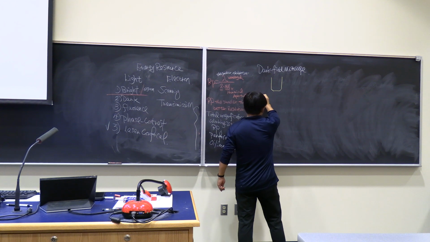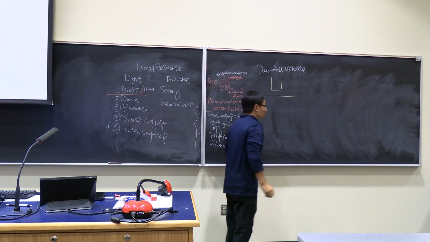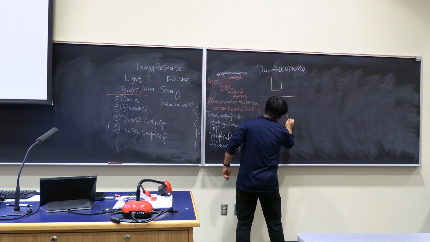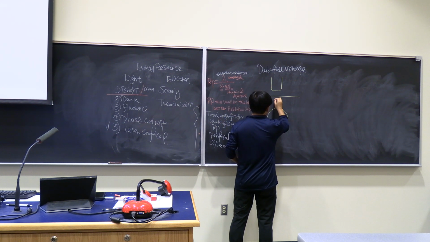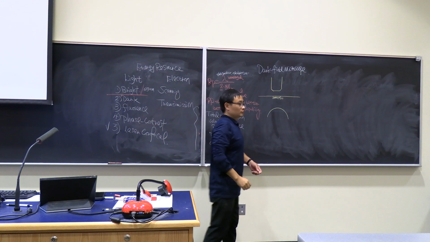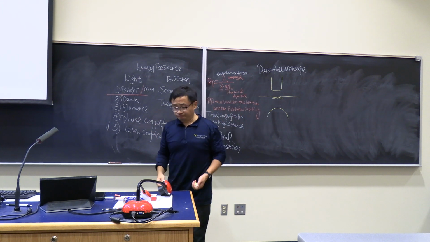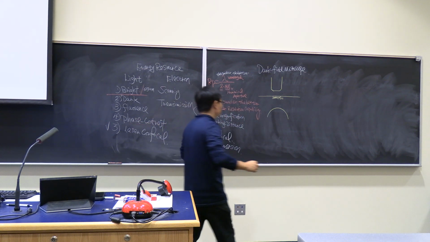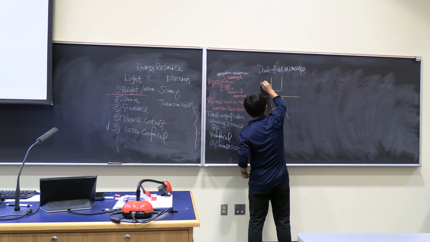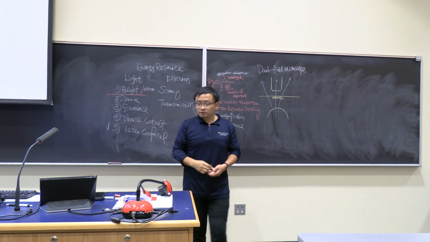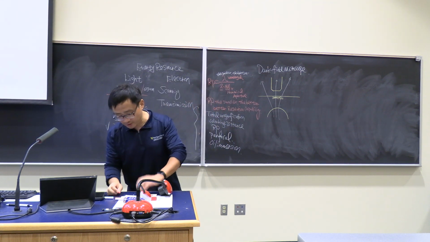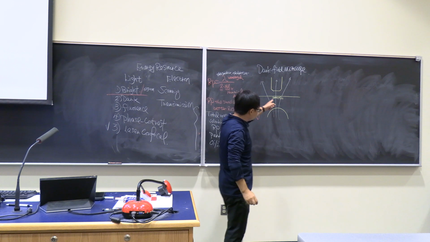Objective lens, a stage, and you have a light source right here, and then you have a condenser. Okay, condenser is right here. We just draw a couple of things. Normally, in a bright field microscope, the light goes this way, this way, this way, just like this. Dark field microscope is very special. It is underneath the condenser.